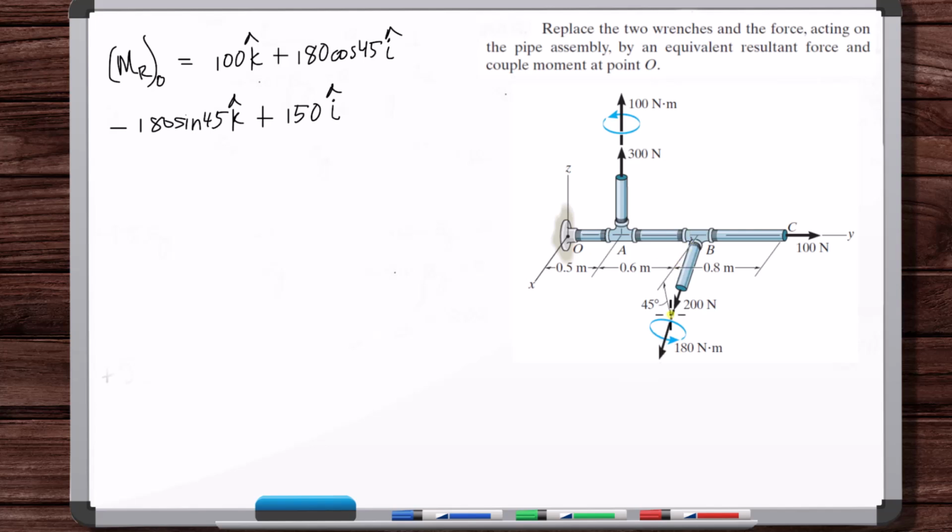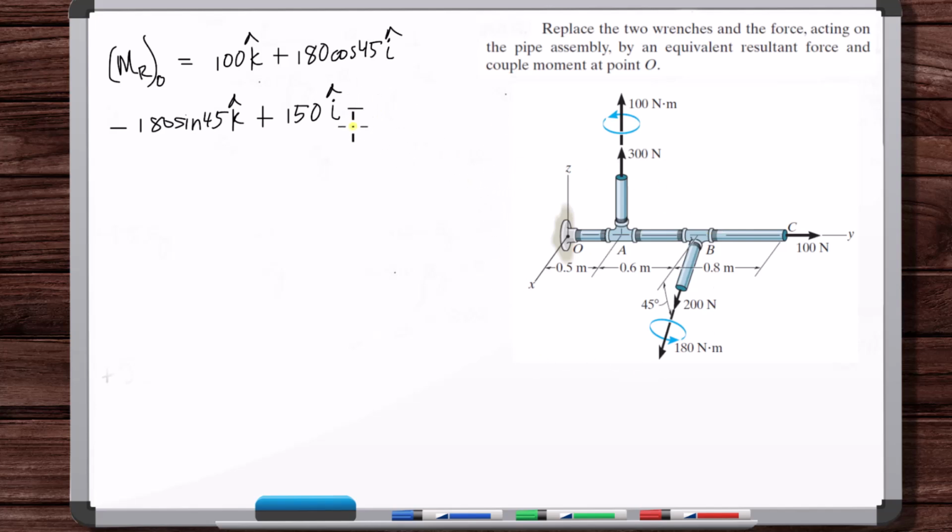Okay, now this 200 Newton force causes rotation about the z-axis and the x-axis, but not about the y-axis.